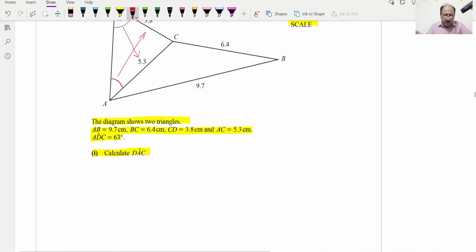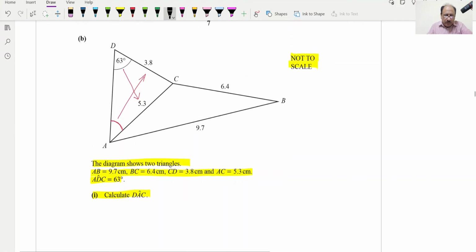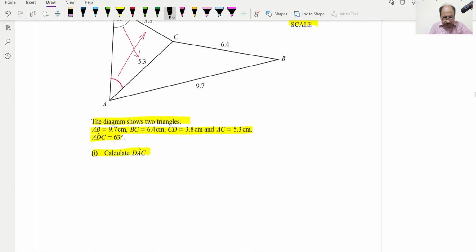So we can use sine rule, and sine rule will be what? We can take 3.8 over sine A will be equal to 5.3 over sine of 63 degrees.